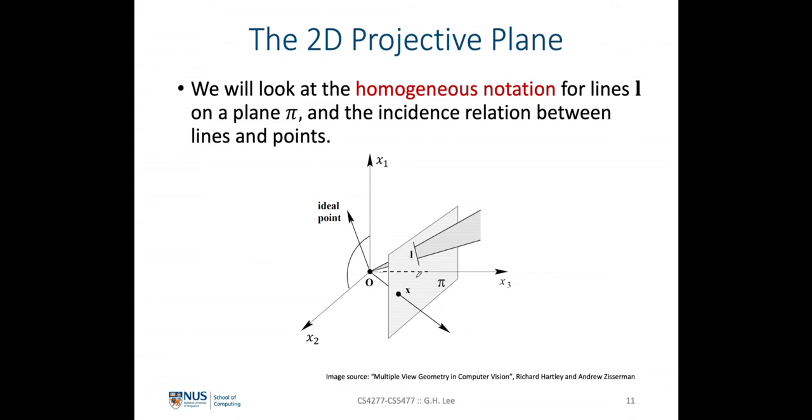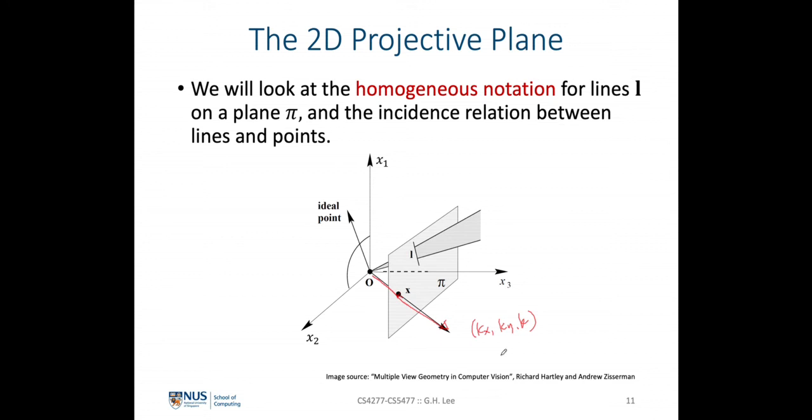In the pictorial form that we have seen earlier, a point in homogeneous coordinates is represented by a ray, represented as 3 numbers, kx, ky, and k, where it's the same point for all k's. That's why the point is represented as a ray in the projective space.